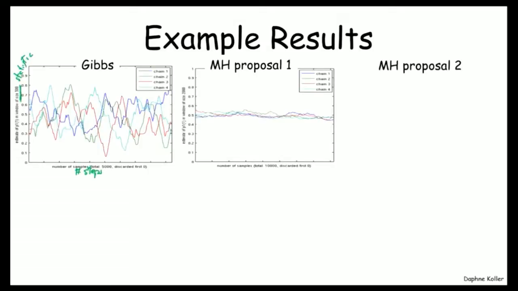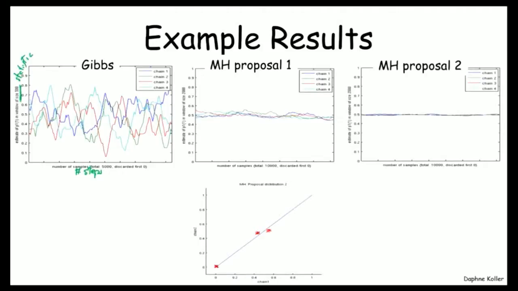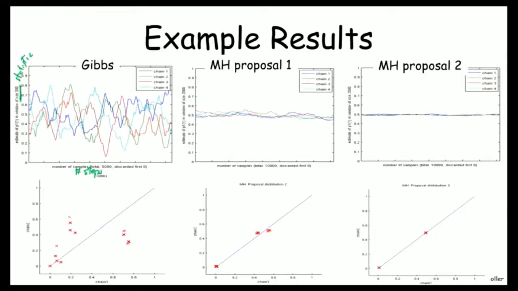And there's an even better proposal distribution that I didn't show you that modifies the augmenting path by just a little bit, and that gives you effectively perfect mixing across the entire time. If we look at the other metric that we defined for evaluating mixing, we can compare the probabilities of different statistics across the two chains. So, for example, this might be the red chain, and this might be the green chain.